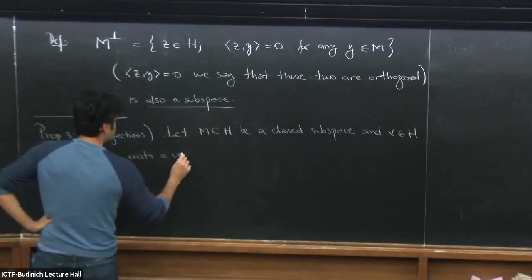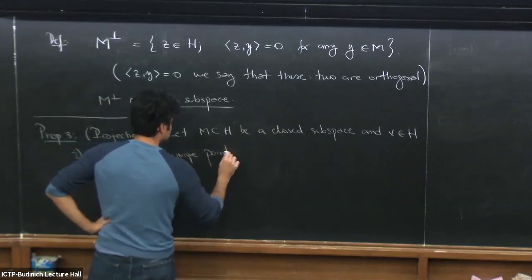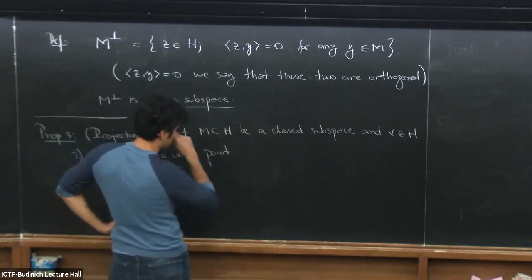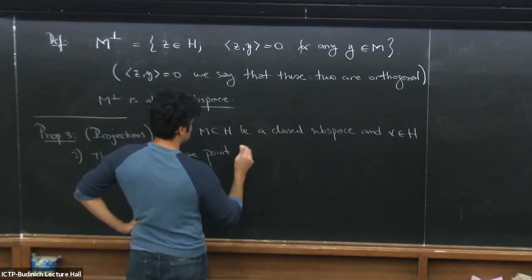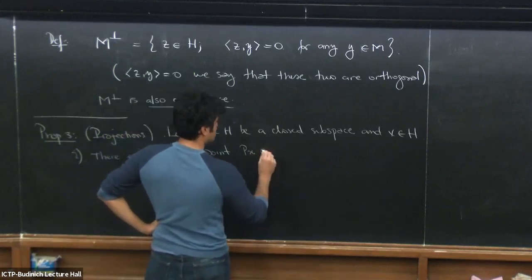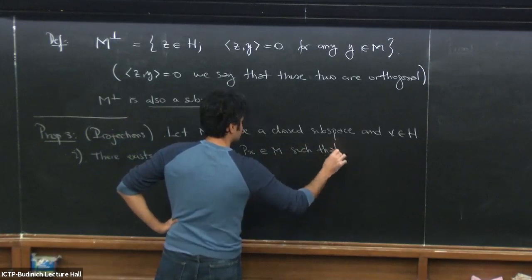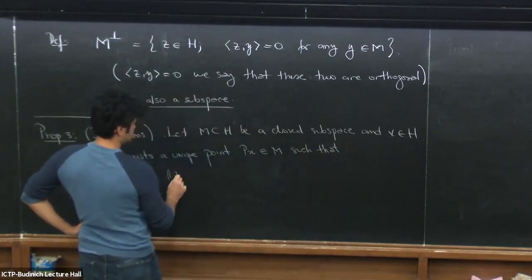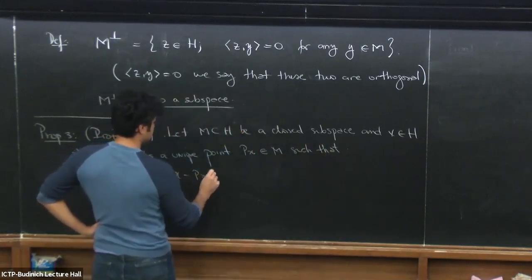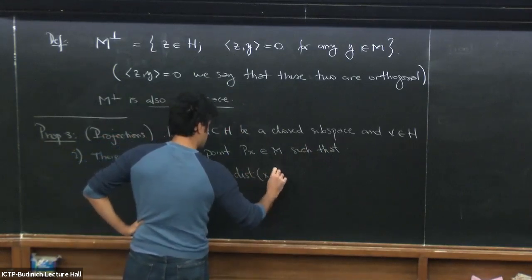There exists a unique point, let's call it Px, that belongs to M, such that the distance from X to Px is equal to the distance from X to M.